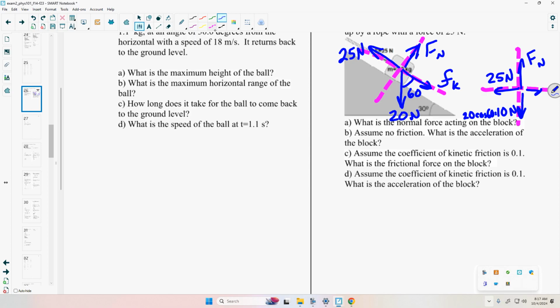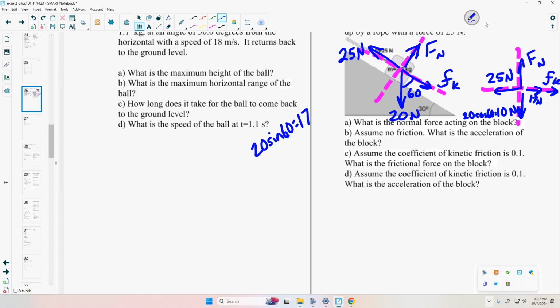And then here, this one is 20 sine of 60. I'm going to do it over here. So 20 sine of 60 is equal to 17. So this is 17 newtons. And then in addition, I have the frictional force, which is also in this direction, Fk.